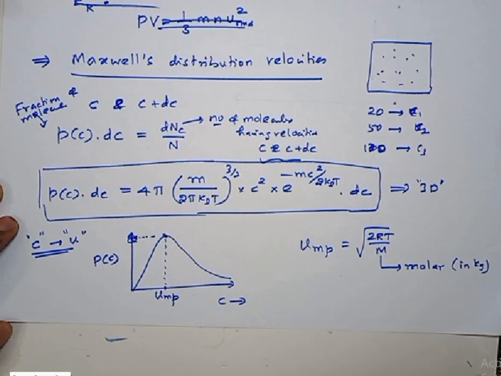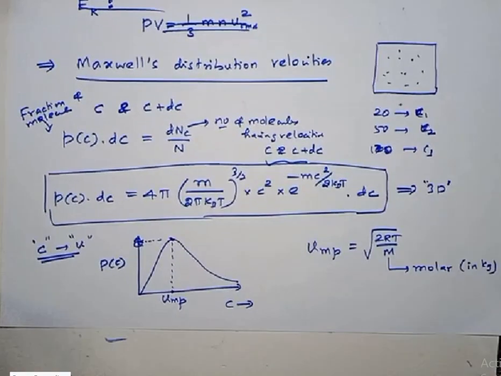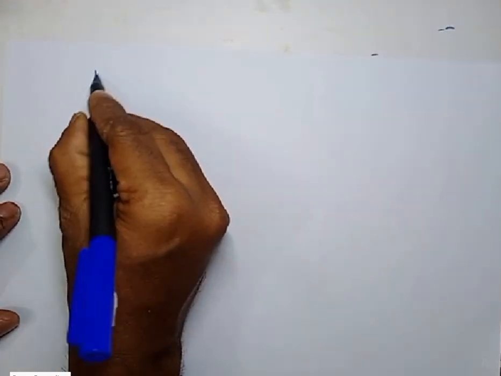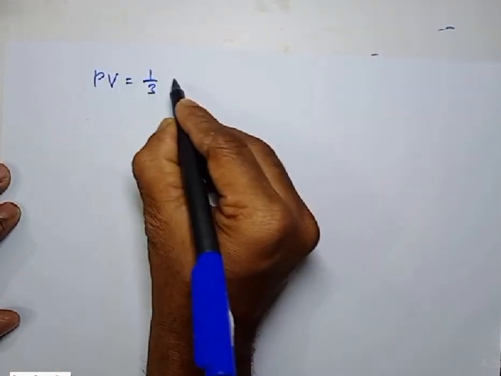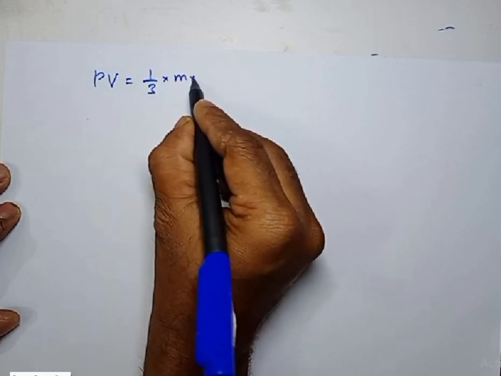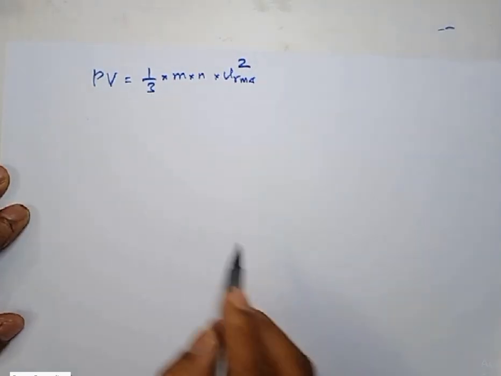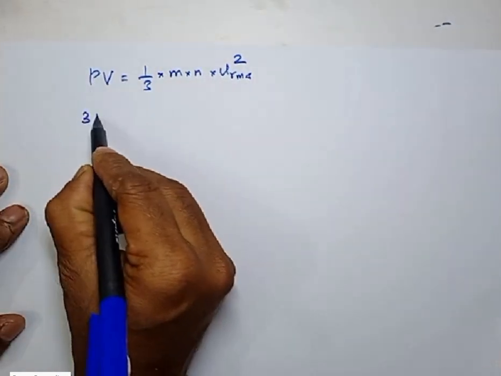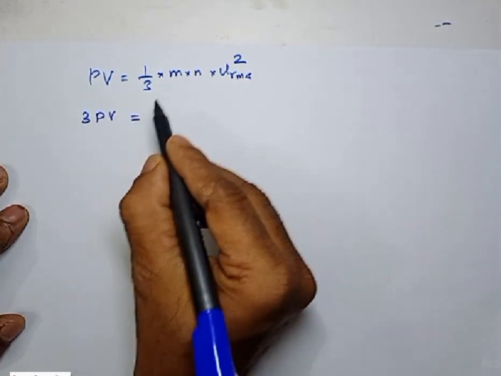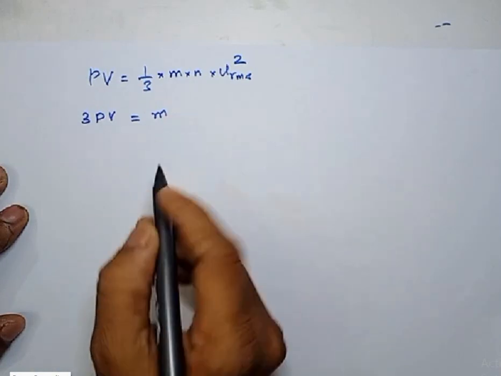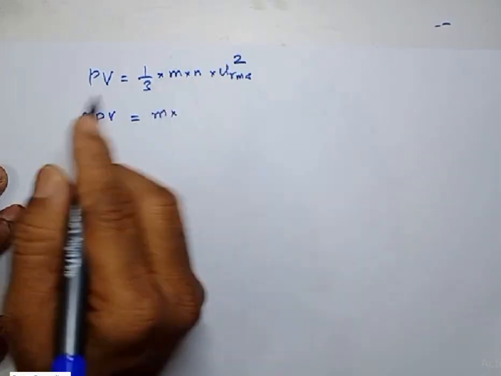Now observe carefully. You know very well the kinetic theory equation: PV is equal to 1 by 3 m n URMS square. Bring this 3 to the left-hand side, so 3PV is equal to m n URMS square. m is the mass of one molecule. Keep this in mind.